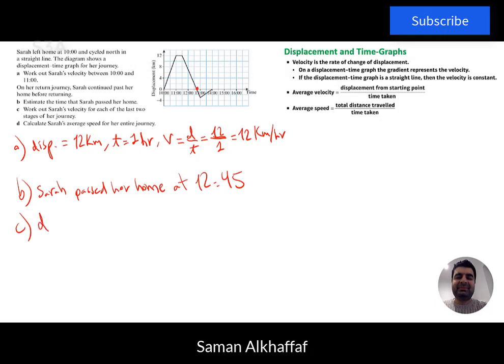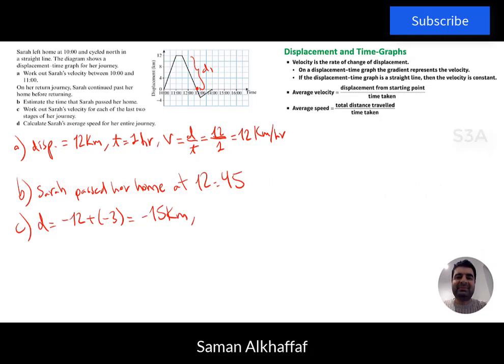So we call this displacement 1, which will be minus 12 kilometers, and also taking minus 3. So we would have minus 12 plus another minus 3, that would give us minus 15 in terms of the displacement.